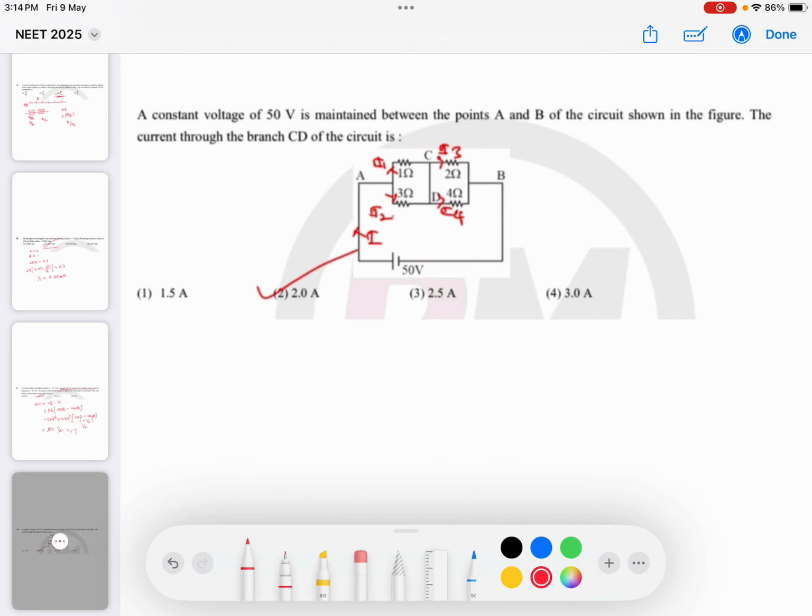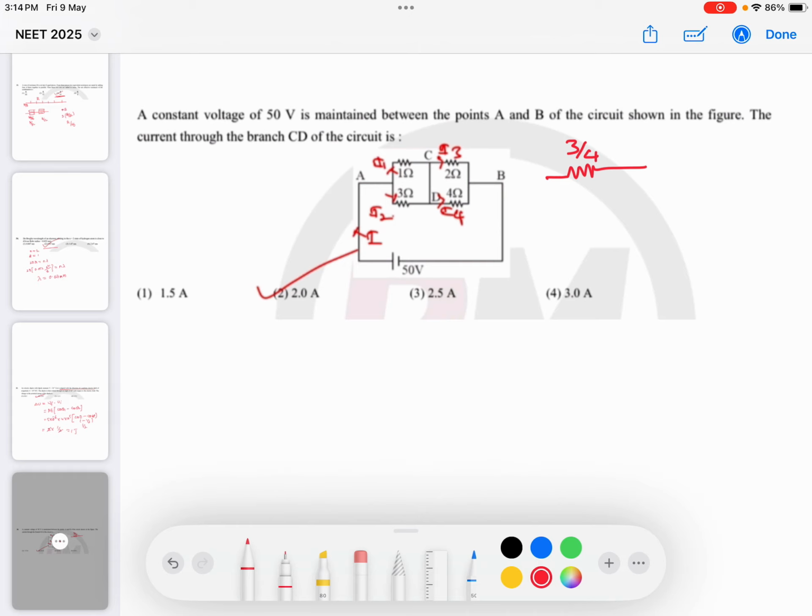So C to D branch is asked, suppose 1 and 3 are in parallel combination. Their resistance value is equal to R1 R2 by R1 plus R2, nothing but 3 by 4.